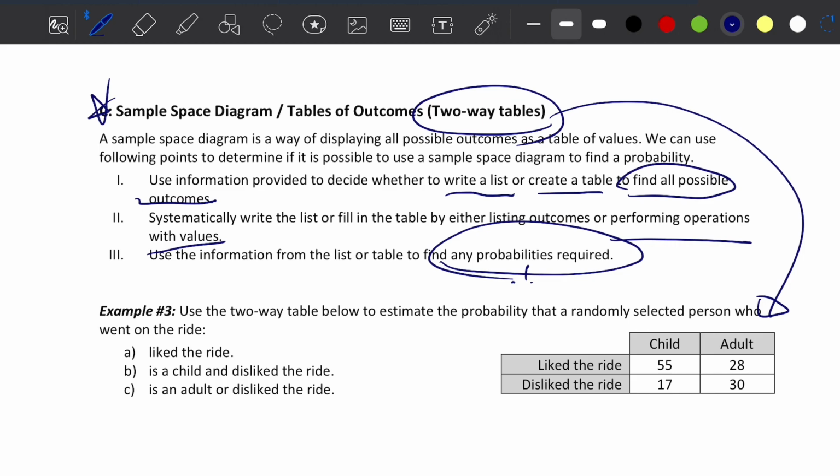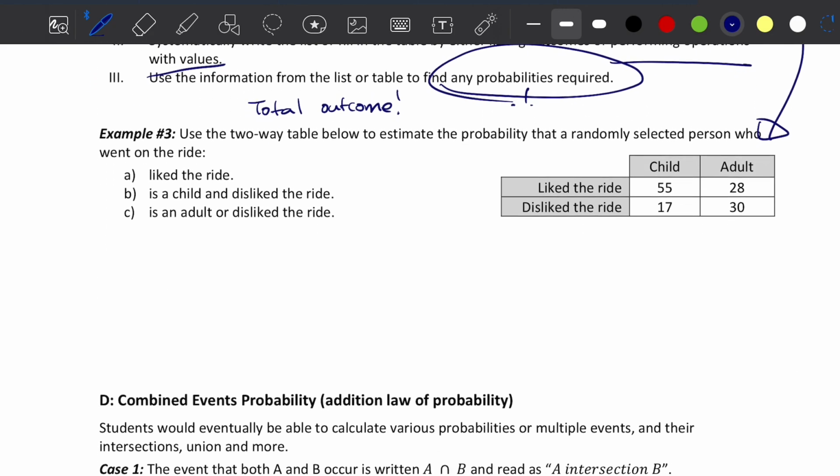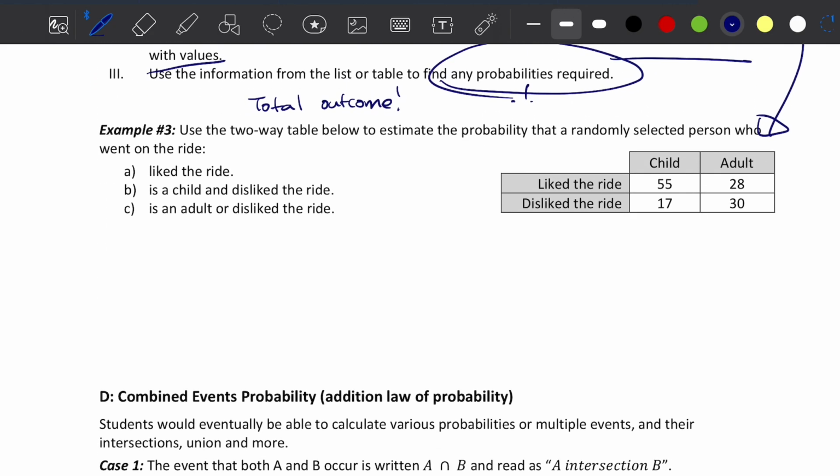Okay, then let's do example number 3. Whenever you have a two-way table and the total outcome is not provided, you always have to start with finding the total outcome for that case. So if you look at example 3, we can see there's a two-way table and the total outcome is not provided. So let's try to identify the total number for each column and row.